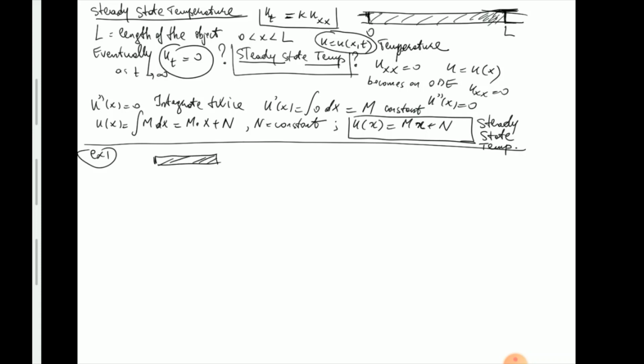Let's say I want the left endpoint to be kept at temperature 6, and the right endpoint I want to be kept at temperature 1 degrees. So I want 6 degrees here and 1 degrees here, on the left endpoint and the right endpoint. x equals 0, x equals L.